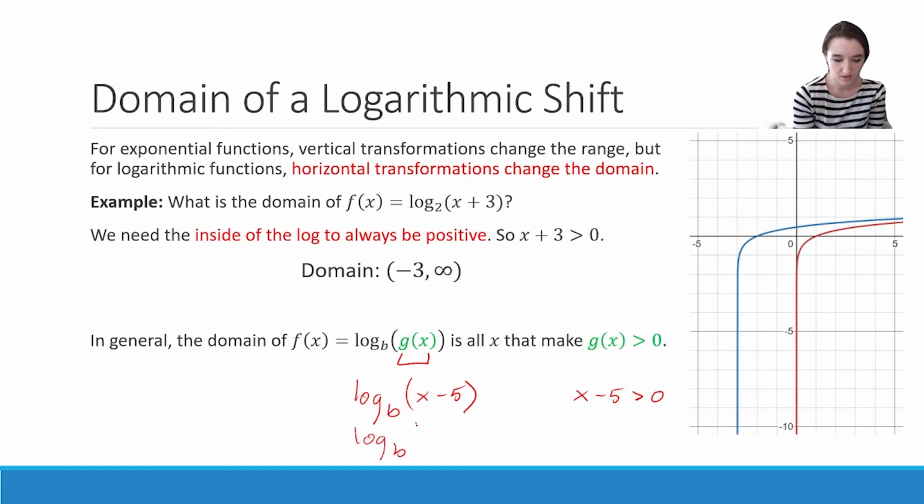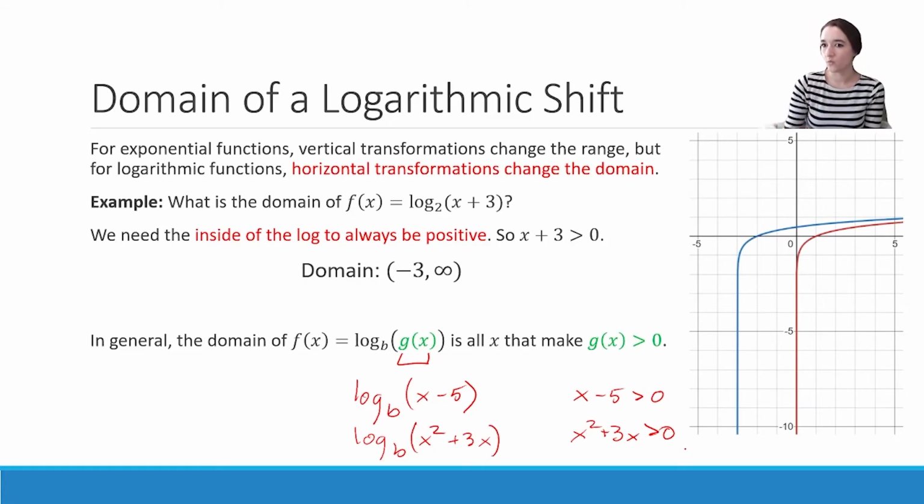Log base b of x squared plus 3x: that's going to be x squared plus 3x greater than 0. And you solve and figure out when this is true, because that's not a full answer, but that's the beginning of figuring out what your domain would be. So it's just whatever is inside those parentheses is greater than 0.